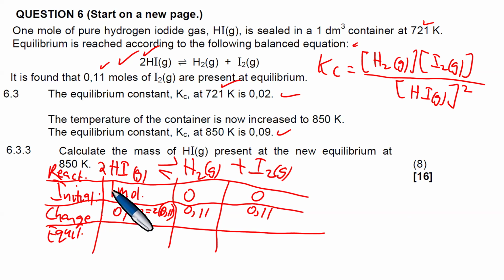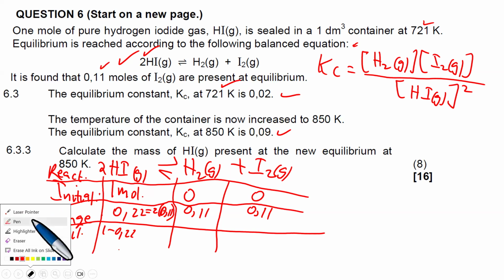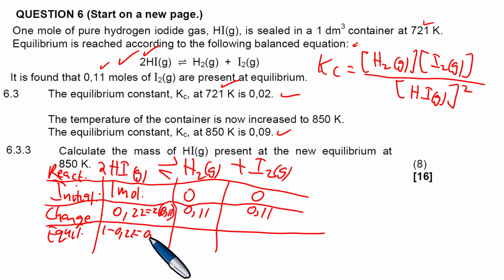So at equilibrium, you had 1 minus 0.22, which became 0.78. Zero comma 0.78. Let's continue.